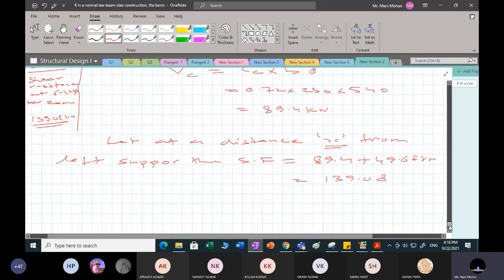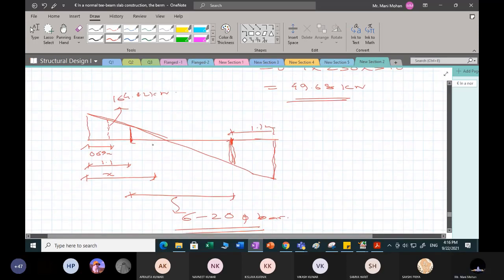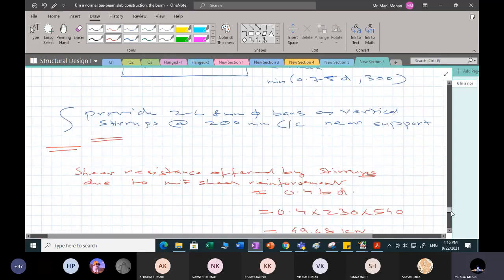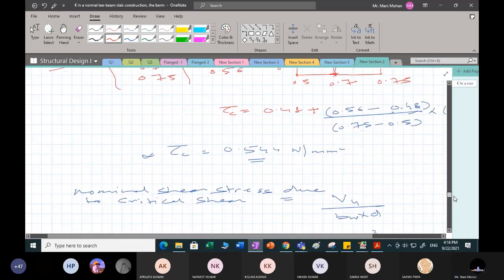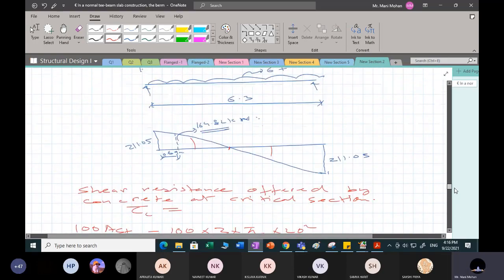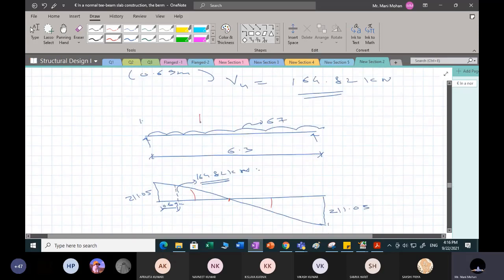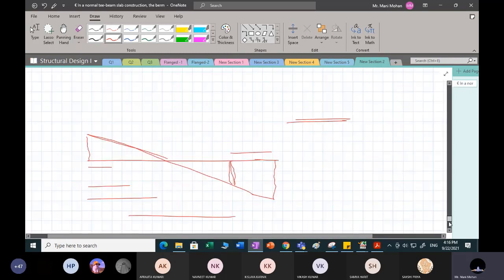what is going to be the shear force over here? So at this particular section in this beam, where is my beam? Here. So at a distance x, I would like to know what is my shear force. And I want to make sure that at this point I'm going to get my shear force equal to 139.08 kilonewton.